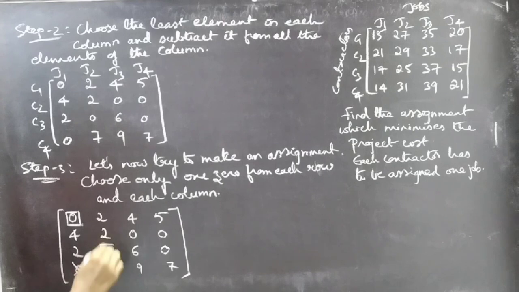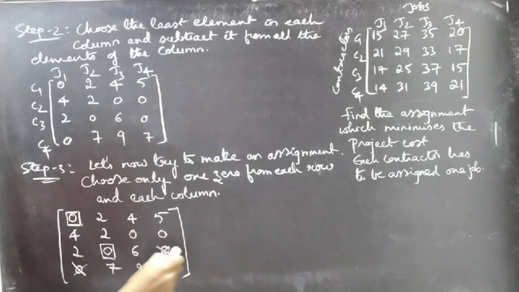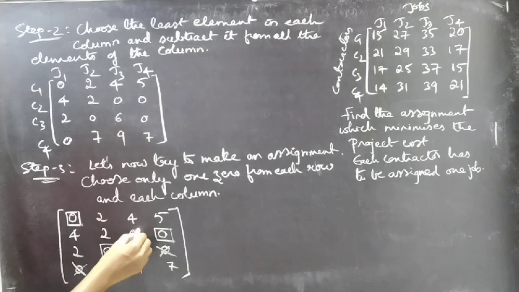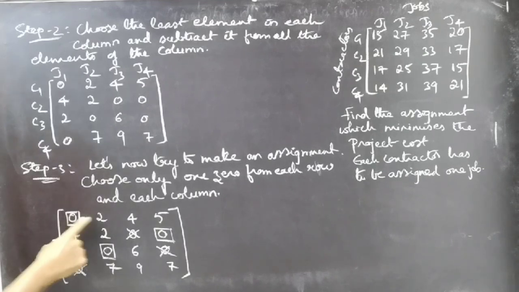Let's assign this and let's cross the 0 which occurred in the corresponding row, right? Since we have crossed this 0, we can assign this 0 and cross the other 0 which occurred in the corresponding row, right? So we have only 3 assignments. So here the optimal solution is not obtained, right?